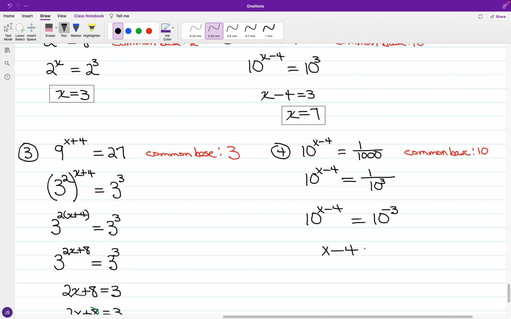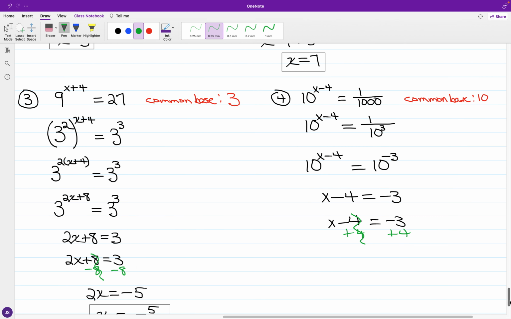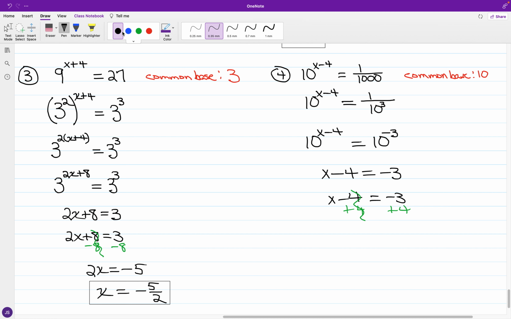And now I can set the powers equal to each other. So I have x minus 4 is equal to negative 3. And solving for x, I can add 4 to both sides, and we're going to have that x is equal to 1.